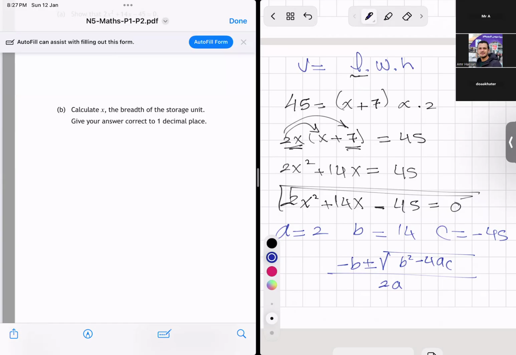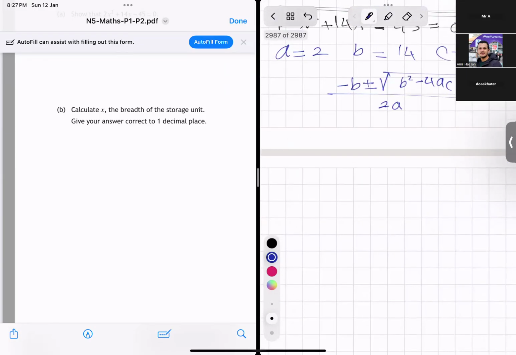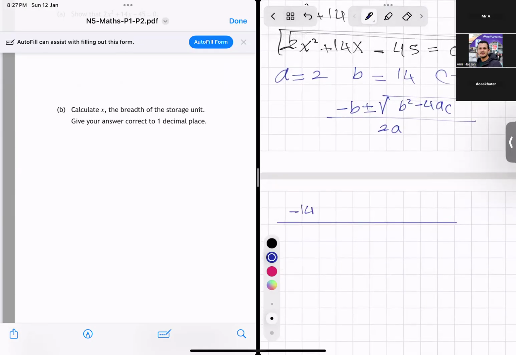So what I want to do, where's B? So negative 14, plus or minus the square root of 14 squared minus 4 times A, 2, times negative 45, divided by 2 times A, which is 2 times 2.